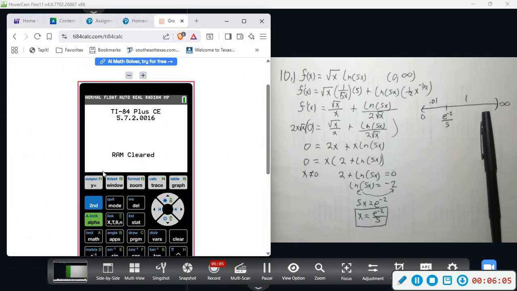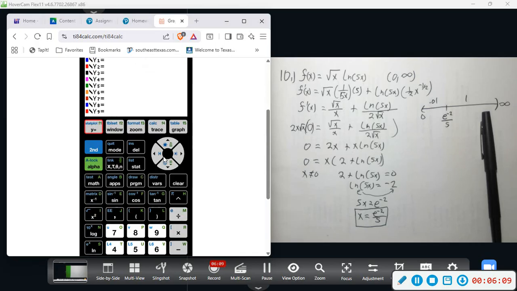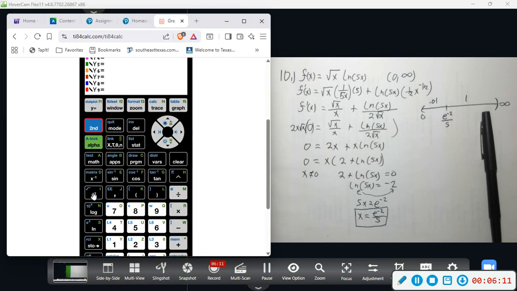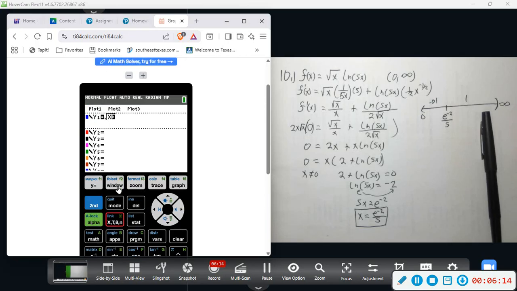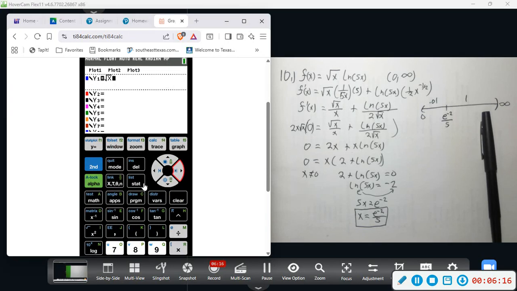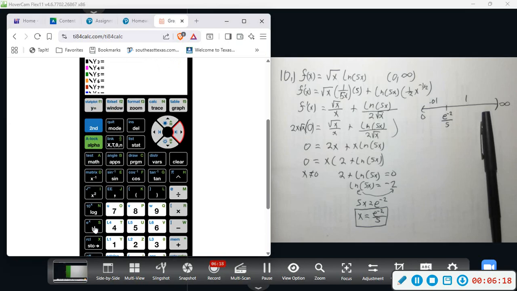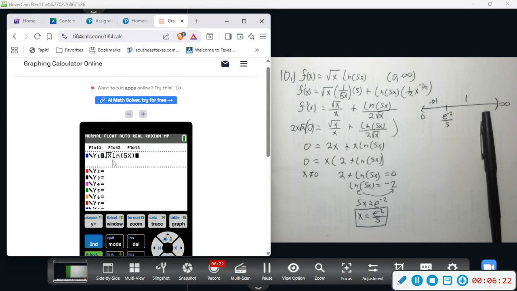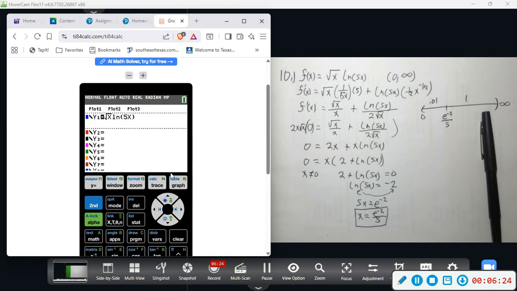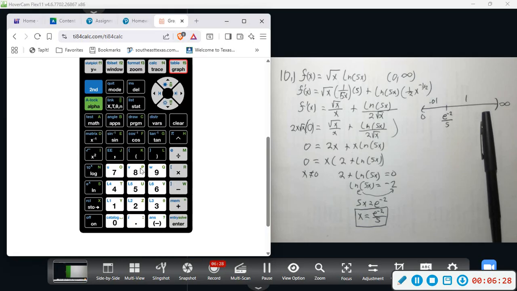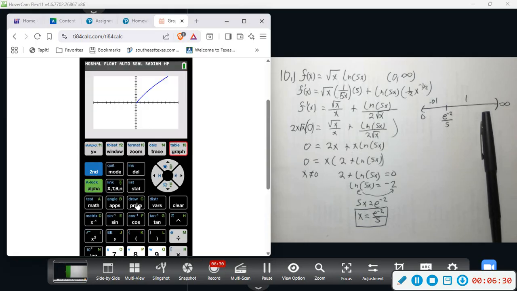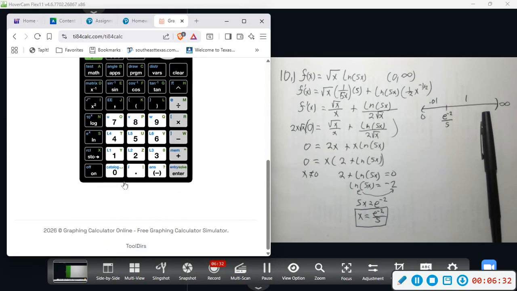We are going to go to y equals. We'll type in the function: square root of x, natural log of 5x. Looks good. Don't really care about the graph, just the values. So I'm going to type in trace 0.01.